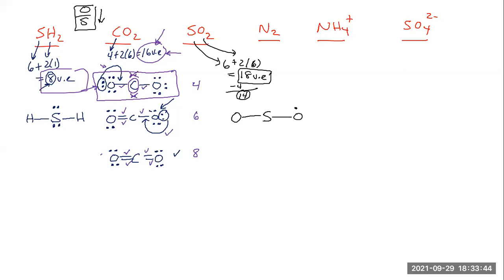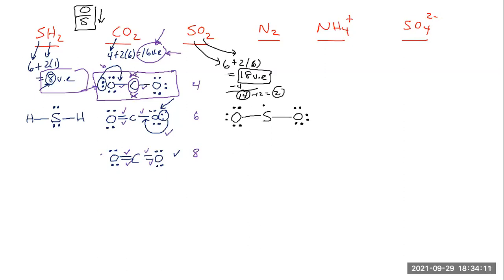We will put it on the outside again in pairs. So that is 2, 4, 6. That guy is full. 8, 10, 12. At this particular point, we have placed 16 total electrons. Everybody on the outside is full, but we actually then have 2 more electrons we need to put.